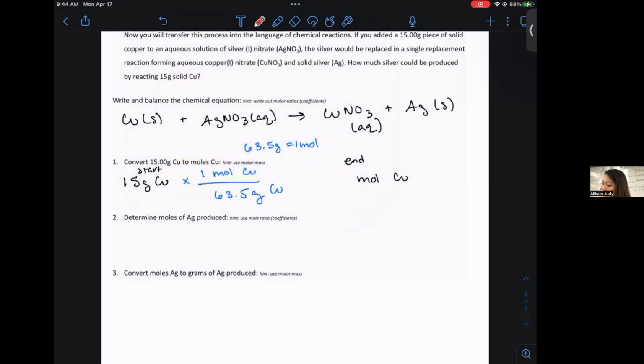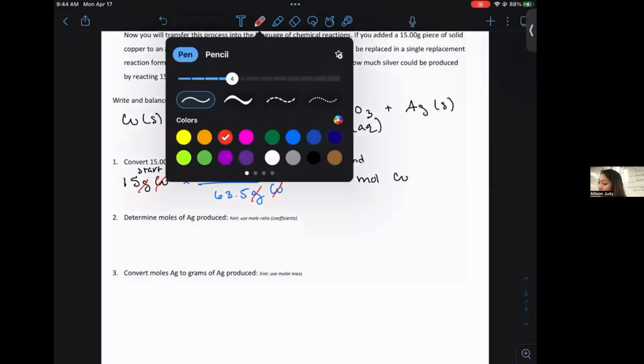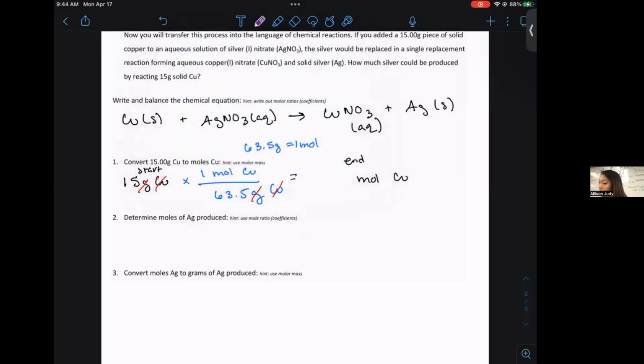That gets my grams of copper to cancel, and I'm left with moles of copper. So it's 15 divided by 63.5, which is 0.24 moles of copper.